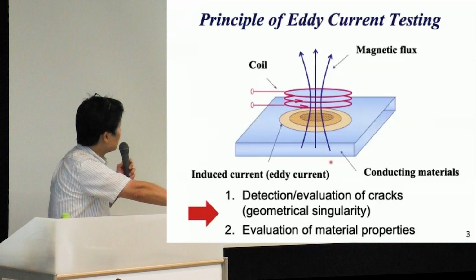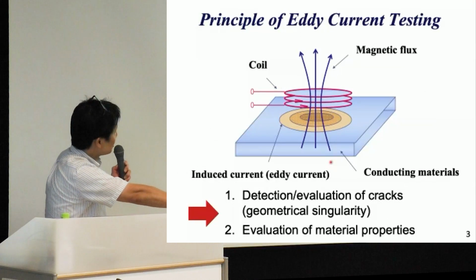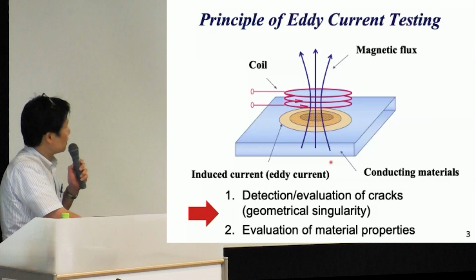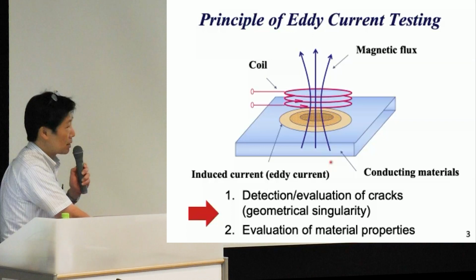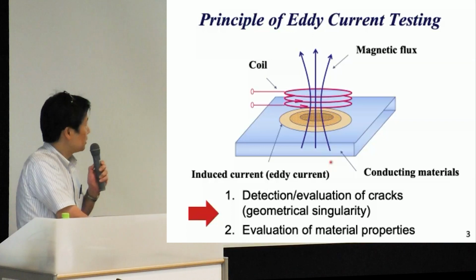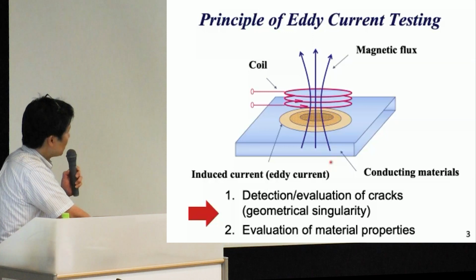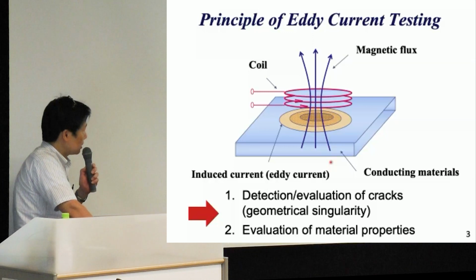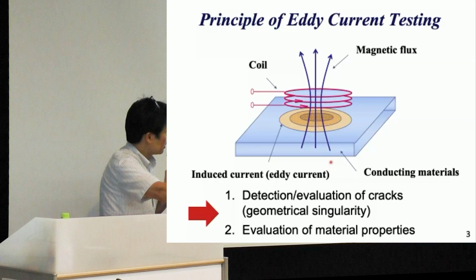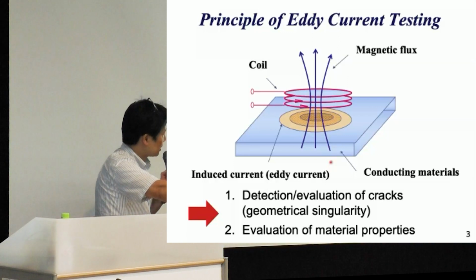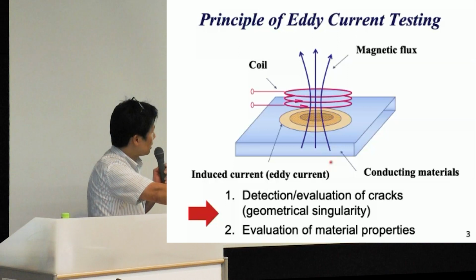So this again, what you see here is a principle of eddy current testing. So target of eddy current testing is a conductive material. And using eddy current testing, we can detect or evaluate cracks in conductive material.